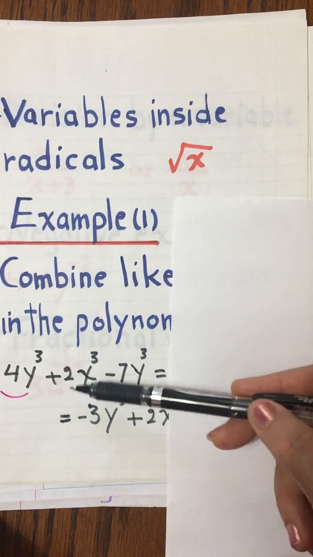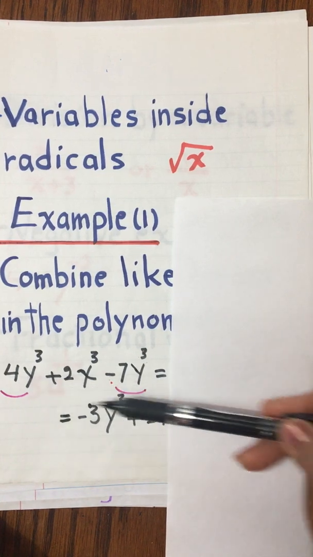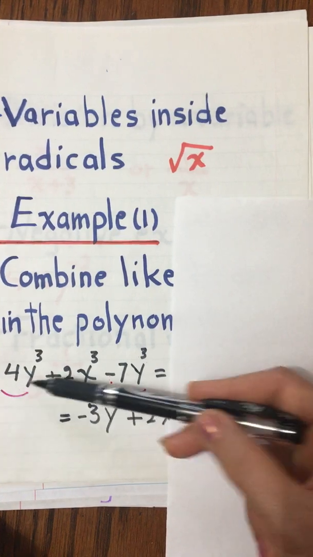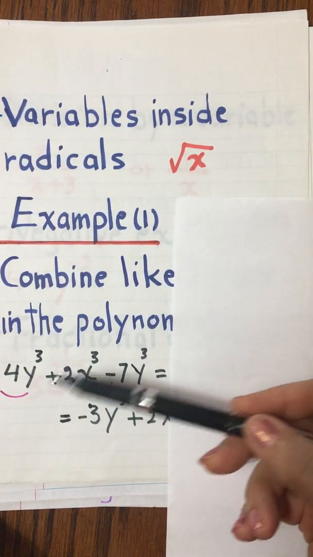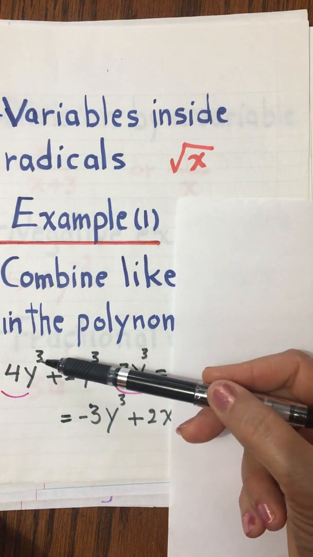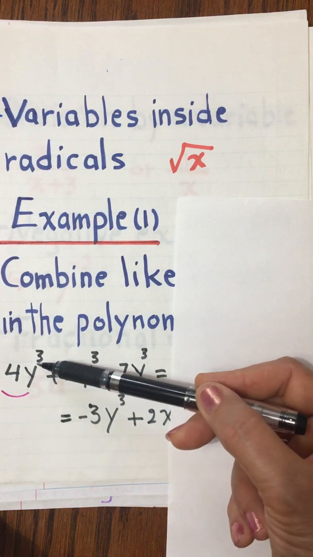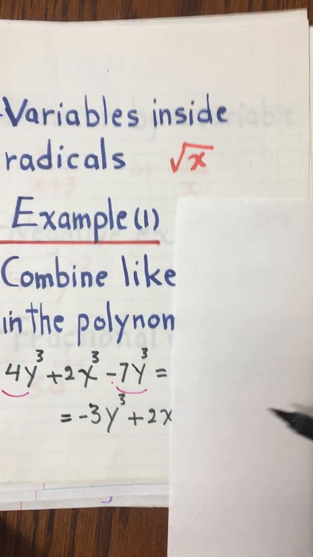So I have one term, two, three terms. So this is a trinomial. The first and the third are like terms. For like terms, the variables should be raised to the same power. So y to the power 3, y to the power 3, so these are alike.